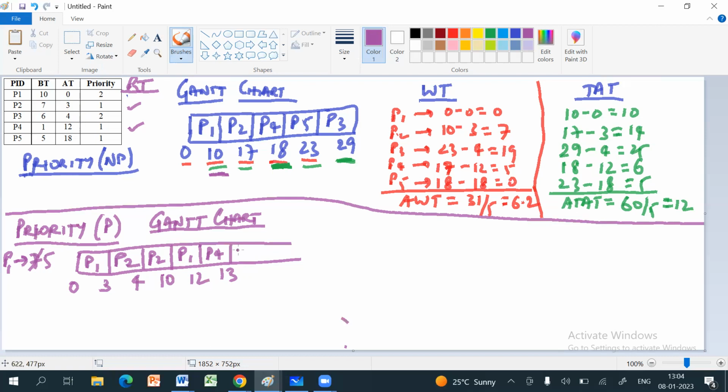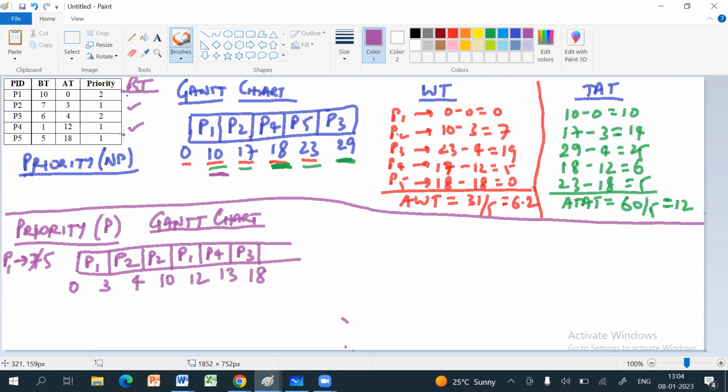So P3 will be given a chance here, and P3 will start to execute. It was supposed to continue till 6 units of time, that is till 19, but then it will be halted at 18 because at time 18, P5 has arrived.